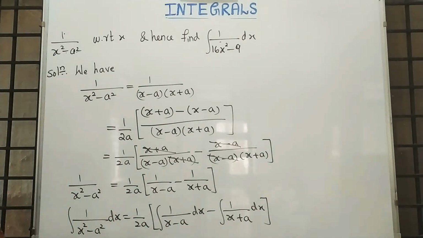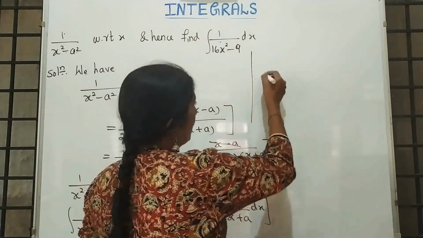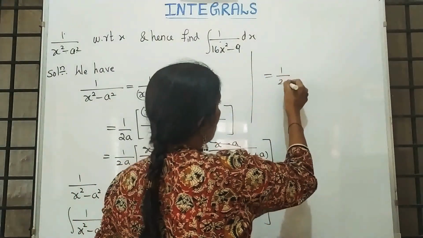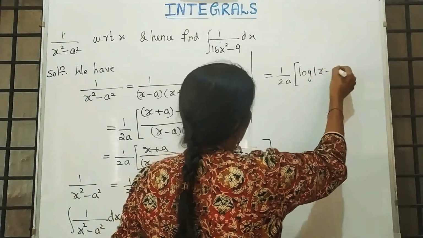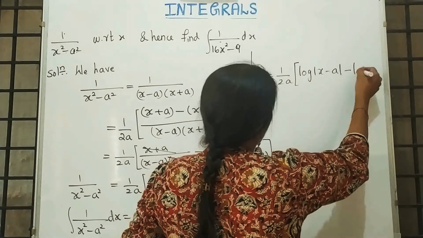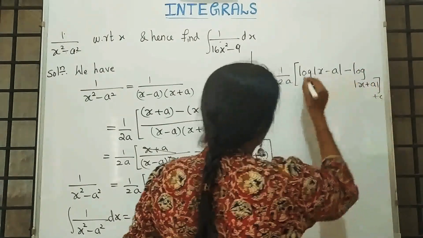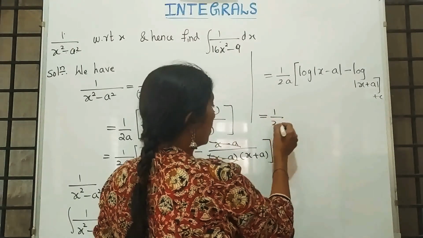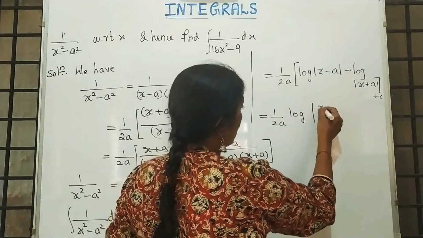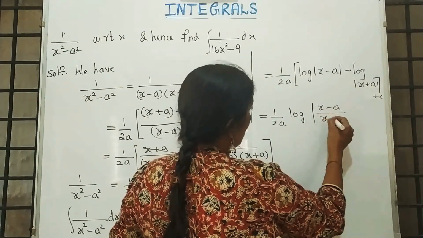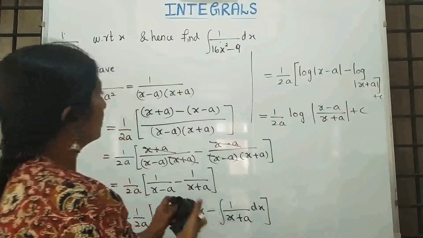See here, what is the integration of 1 upon x minus a? Already you are familiar. 1 upon 2a in the bracket log of x minus a minus log of x plus a plus c. They are in the form of log m minus log n, that is log of x minus a upon x plus a plus c.